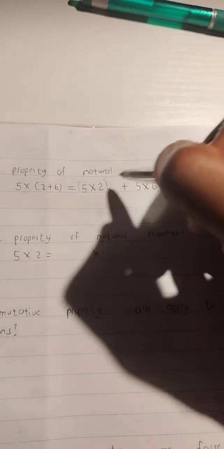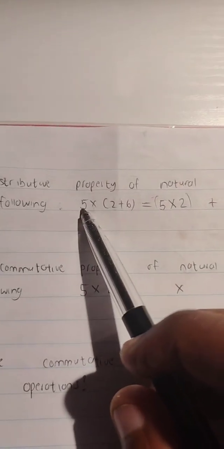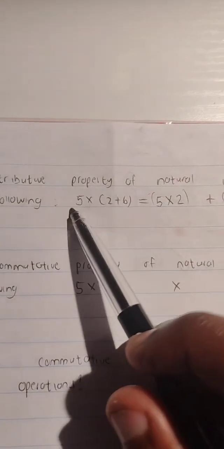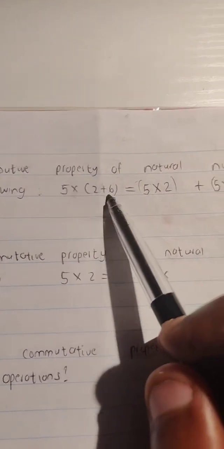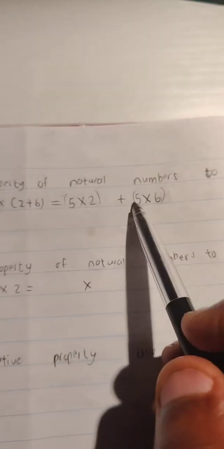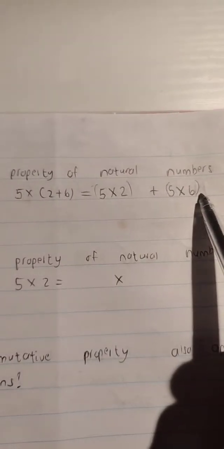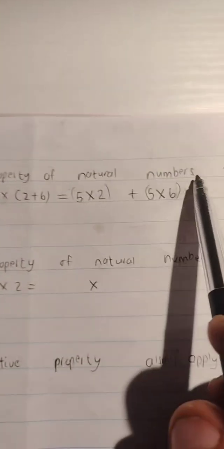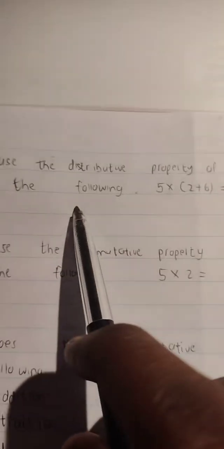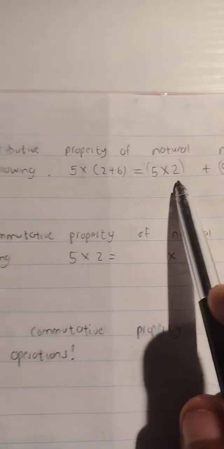So what's happened right now is that we took the 5, we multiplied it with 2, because brackets in maths mean multiply. 5 times 2, the plus sign, 5 times 6. And that's using the distributive property of natural numbers. We've completed this mathematical sentence.